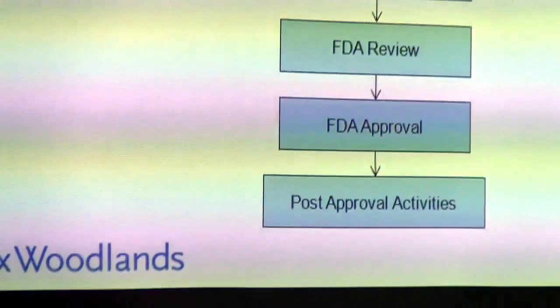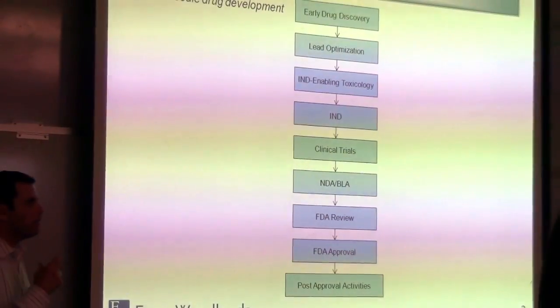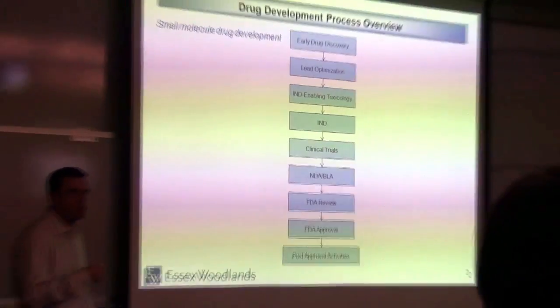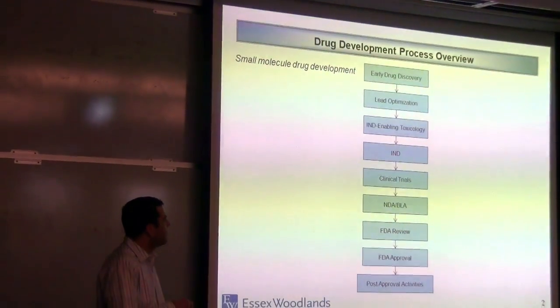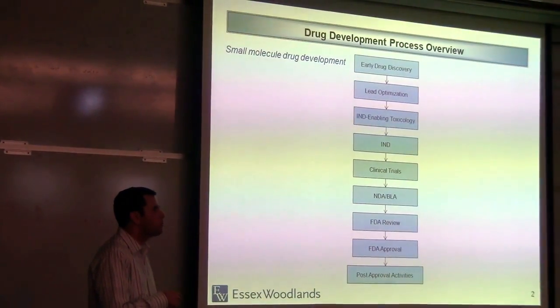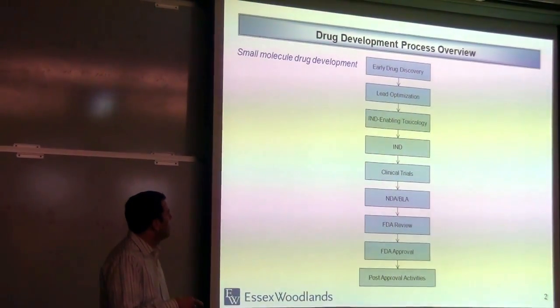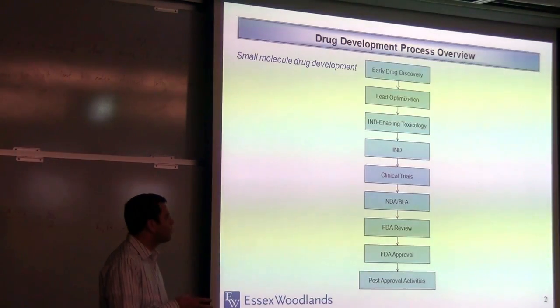Once you believe you have that drug candidate that you think you can take into clinical trials, that'll kick off your IND-enabling toxicology package. And so this is really your tox work to get an idea on safety and safety margins prior to going into clinical studies. You will then file your IND, your investigational new drug application. That will then give you permission to start clinical trials.